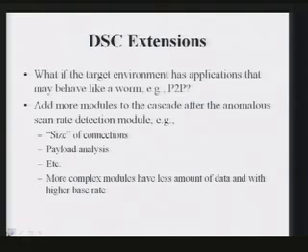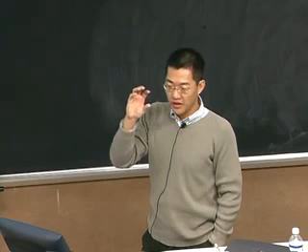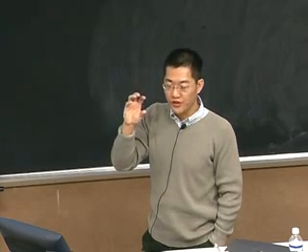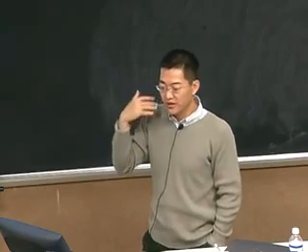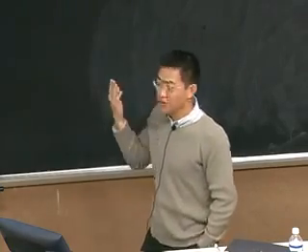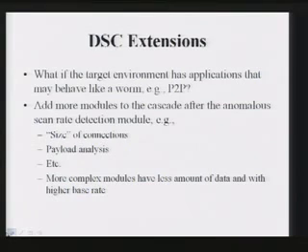Yes, it will. But using the cascade, you can easily add another module at the top, which will be more sophisticated. For example, you can look at the size of the connection. Let's say P2P connection. I would guess that the payload tends to be much bigger, because you're transferring files and music and everything, right? And you can probably do some payload analysis.